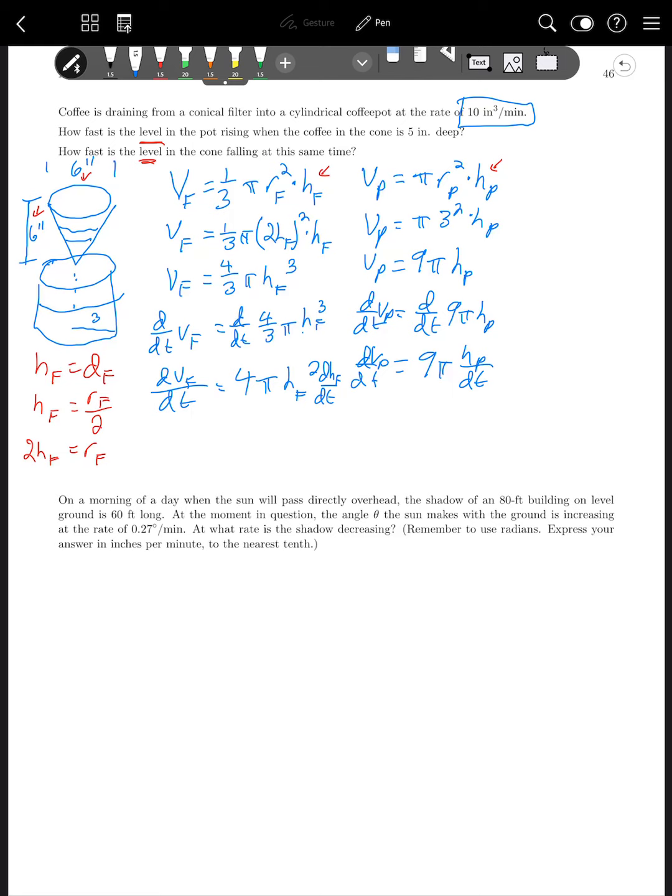So d sub vf dt is -10, and d sub vp dt is +10. We can substitute those into our formulas, and then we'll almost be done. We'll just need to solve what's left. So this will be -10 equals 4 pi h of f squared dh of f over dt.